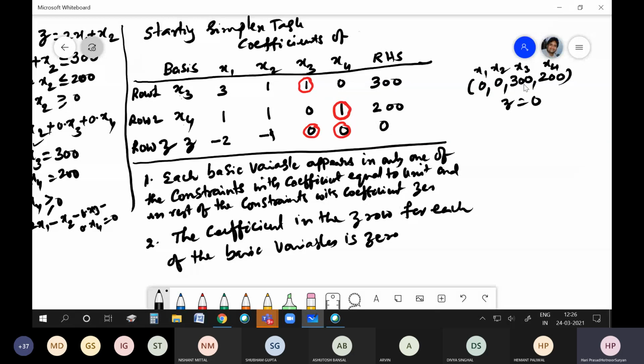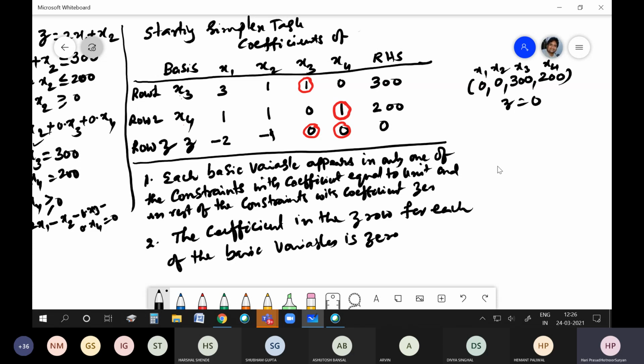What is a basic solution? If you have m plus n variables and you have only m equations, then you have to make n of them 0 so that you can solve uniquely for the rest m.